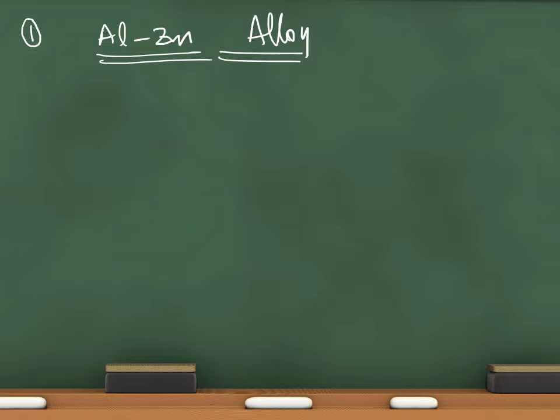Very easy. Suppose this is resistivity and this is percentage of impurity.